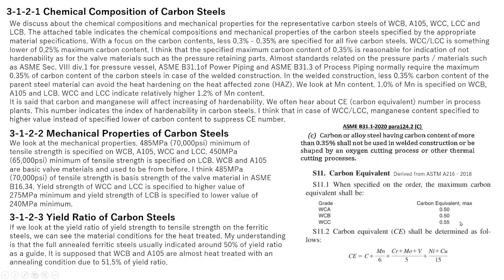But in process plants, a NORSOK requirement is very often required. In the case of the NORSOK requirement, the carbon equivalent number is specified as 0.43% maximum. 0.43% maximum is a relatively severe requirement.